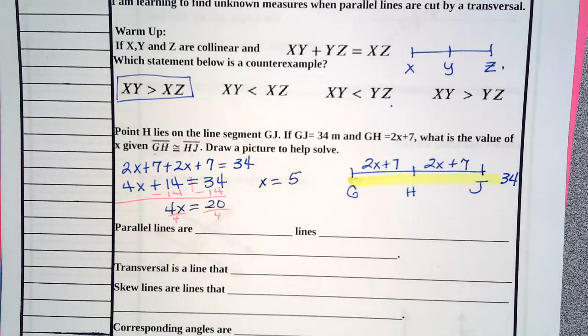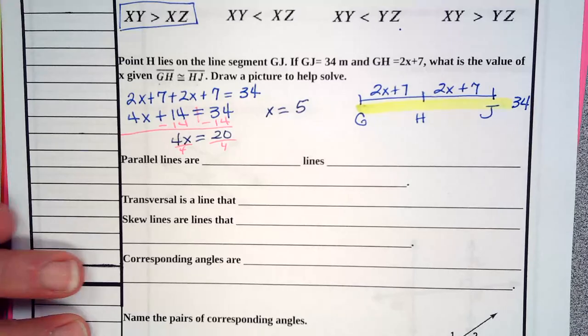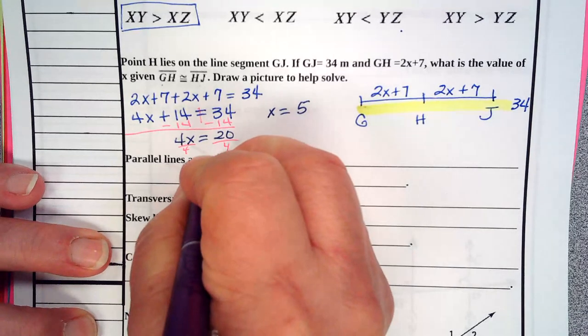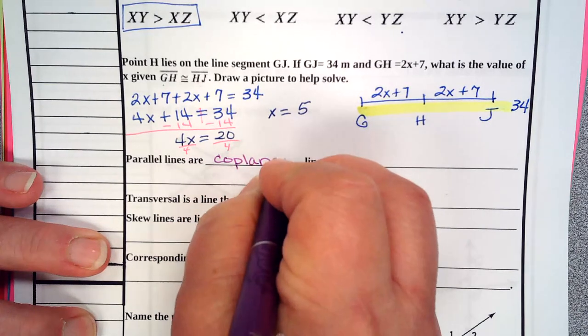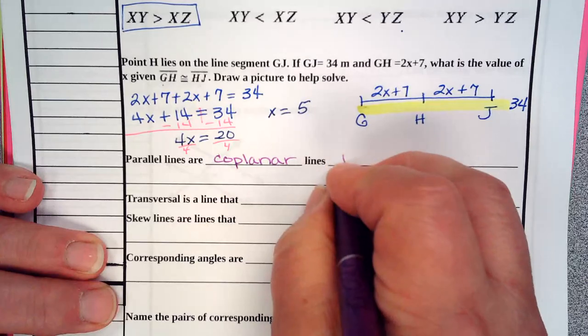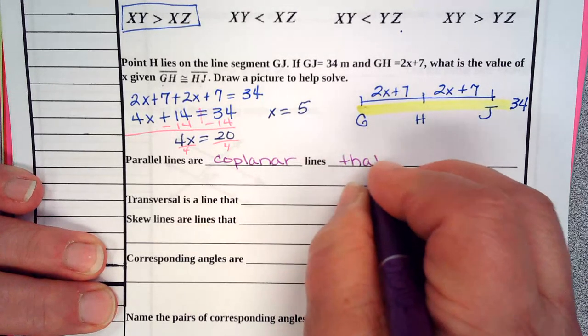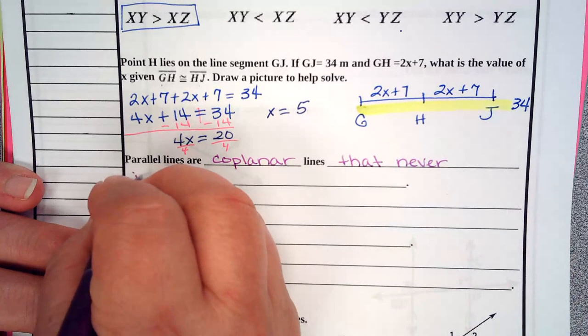The major thing you have to remember: to be parallel, they also have to be coplanar. Parallel lines are coplanar lines that never intersect.